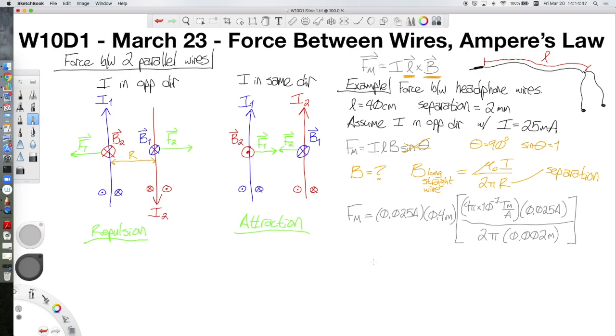So just rewriting this briefly, we do get 2.5 times 10 to the negative 6th Tesla, or microtesla if you prefer. And then we can find the force, which works out to be 2.5 times 10 to the negative 8th newtons. And since the currents are running in opposite directions, this is going to be a repulsive force.